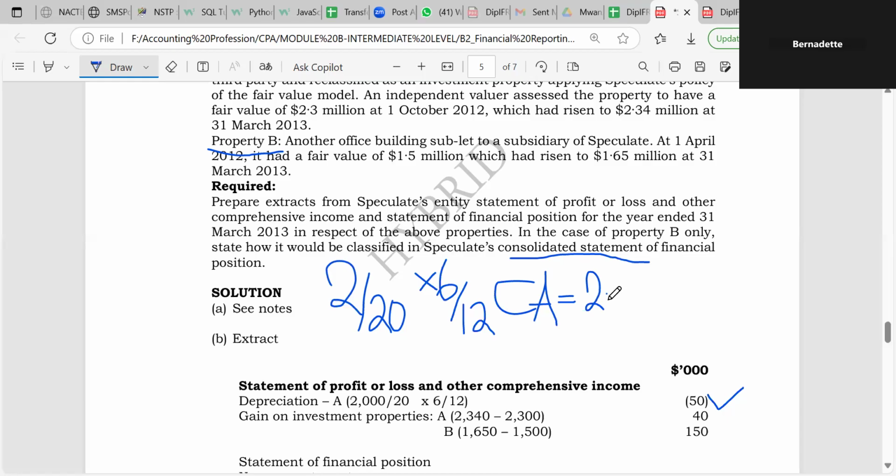So it's like 2 million minus 50K, holding the three zeros. If you do that, you remain with 1.95 million. Or I can just write 1950 and hold the three zeros, just like this. So after doing this, I'll have the carrying amount.